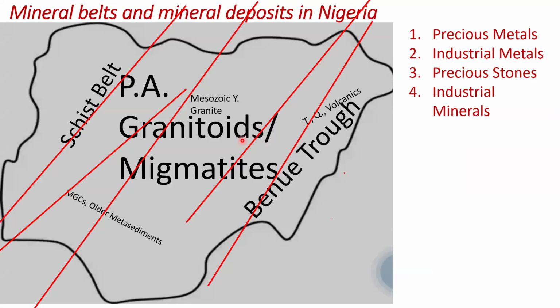Okay, thank you. This is the last slide. I only brought this to show an example, maybe just one example with our own case in Nigeria. In Nigeria, we can say that the entire western half of this country has prominent schist belts.